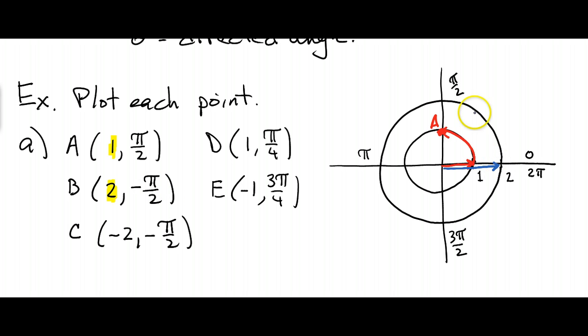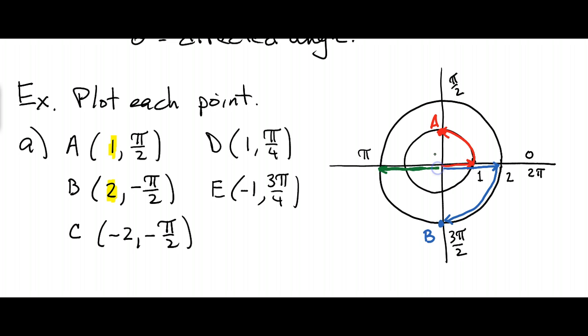So I'm going to rotate 90 degrees, except in the negative direction, down this way, and that would put me right over there, and that would be point B. Alright, then for C, this is a negative 2, so I'm going to go to the left, out to the second circle, and then rotate in the negative direction.